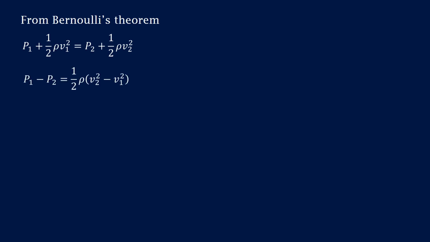The pressure difference P1 minus P2 is equal to half of rho into (V2 square minus V1 square). Therefore, on substituting the values, we get P1 minus P2 equal to half into 1.2 into (40 square minus 0). On simplifying, we get P1 minus P2 is equal to 960.